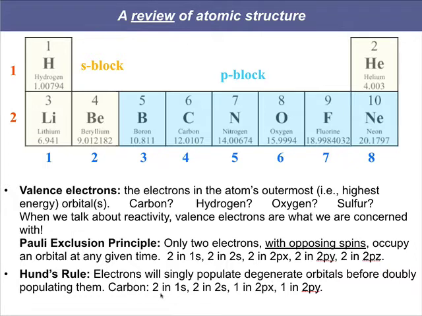So carbon would have 2 in the 1s. That's 1, 2. Then 2 in the 2s. 1, 2. But then for the last 2 electrons in the p block, we'd have 1 in the px, for example, and then 1 in the py, rather than putting them both into the px. That was Hund's rule. So if you're not familiar with the Pauli exclusion principle, Aufbau principle, Hund's rule, things like that, make sure you go back and review those.